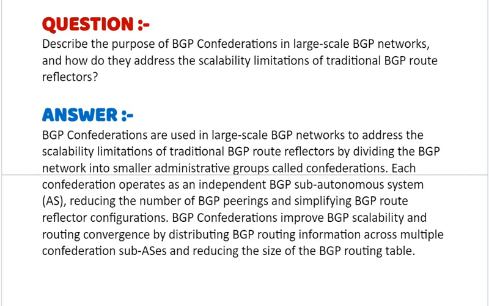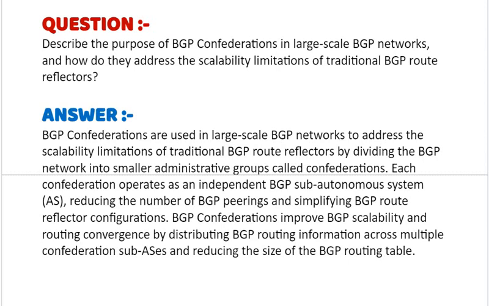Your answer should be: BGP configurations are used in large-scale BGP networks to address the scalability limitations of traditional BGP route reflectors by dividing the BGP network into smaller administrative groups called confederations.